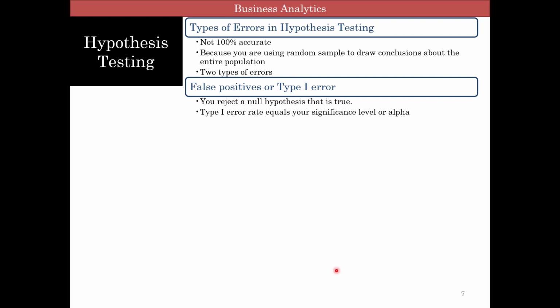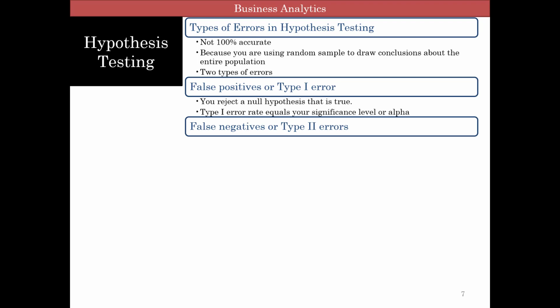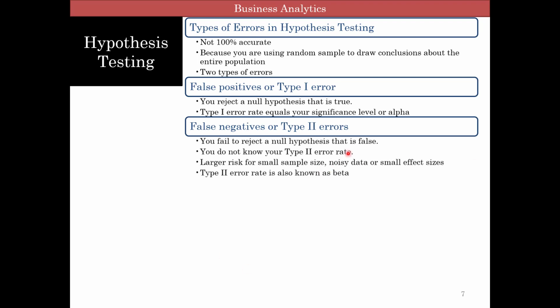Remember we talked about that? So that's your type 1 error. The rate at which you have a type 1 error equals that significance level, or alpha. And false negatives, or type 2 errors, is when you fail to reject a null hypothesis when it is false.